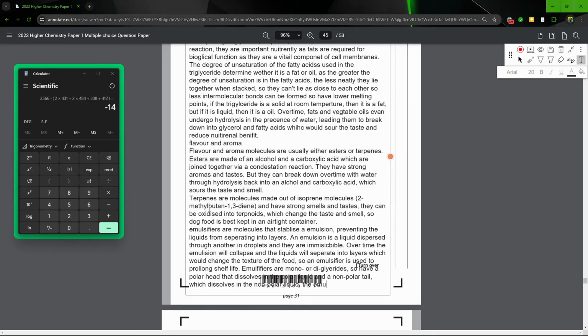The emulsifier molecules form a barrier between the liquids, preventing them from mixing and separating into layers.